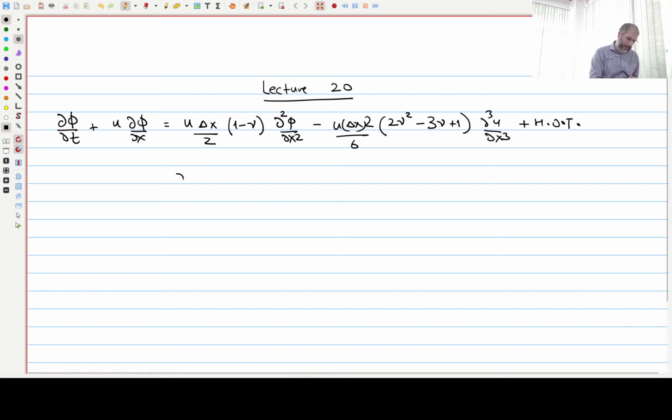Here nu is the Courant number, which is u delta t by delta x.